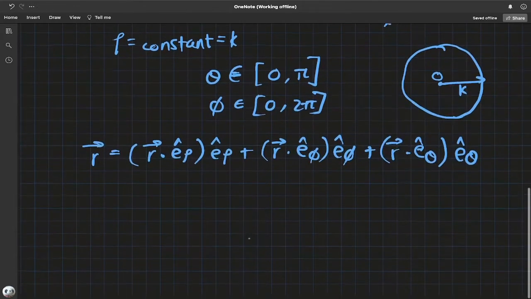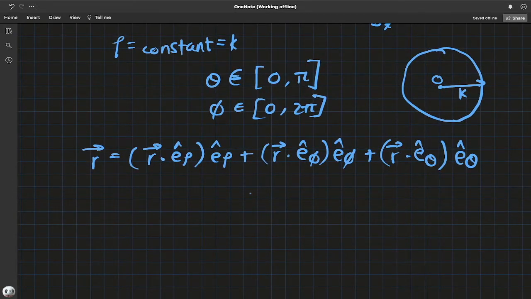And again, just like our friend the cylindrical coordinate system, even these guys are pretty much point specific. So the basis vectors are point specific. If this is your origin, and this is your point P, the radially pointing vector is your rho hat.